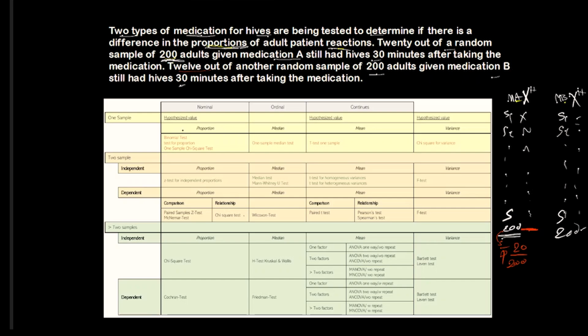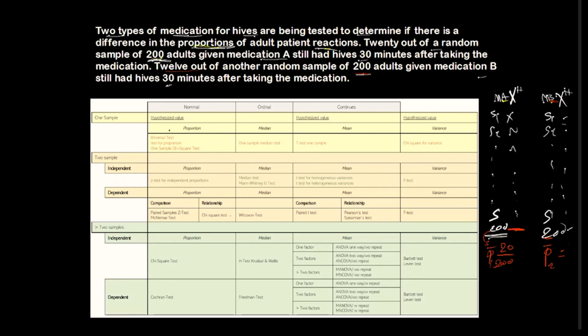Of another random sample of 200 adults given medication B, we've got p hat 2 equal to 12 out of 200. Obviously, after looking at these proportions, medication B should be more effective than medication A. So the null hypothesis would be that the proportion of the people who still have the hives taking medication A is equal to the proportion of the people who still have the hives taking medication B.